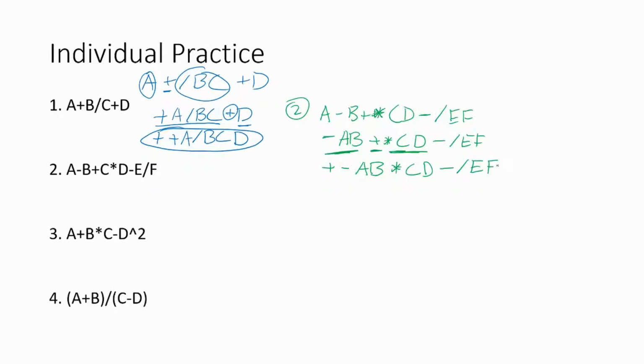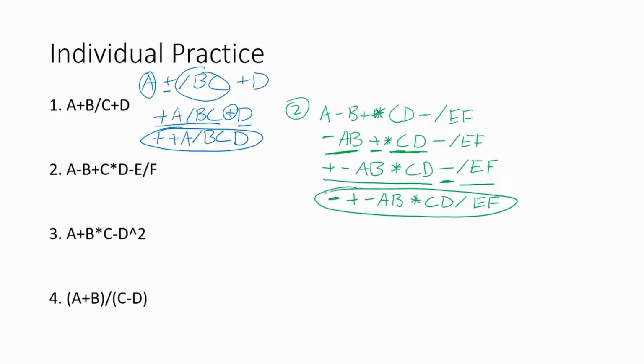Okay, and now one last operator is this subtraction right here that I'm underlining. So this all right here is my first operand, and this all right here is my second operand. Let's go ahead and convert that. Minus in front, my first operand, and then my second operand. So this should be my answer for number 2.